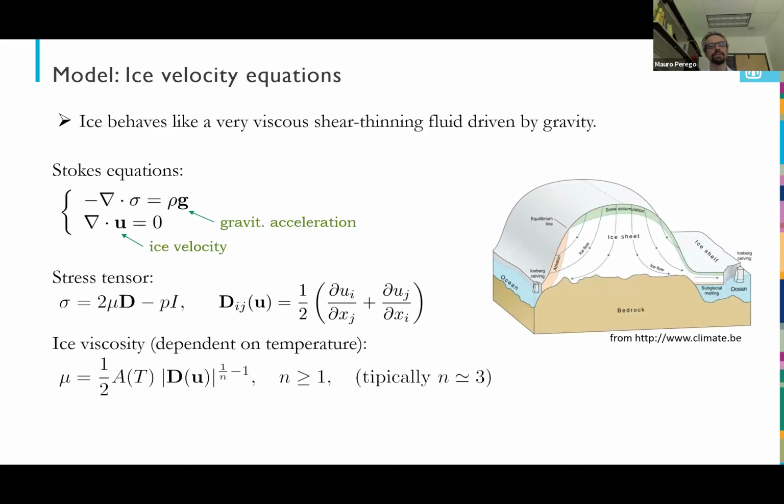The ice behaves, to a first approximation, like a very viscous shear-thinning fluid, which is driven by its own gravity. If you look at the cartoon on the right, you can see that you have some snow accumulation typically at the top of the glacier. The snow becomes compact, it becomes ice, and then it starts flowing downstream due to gravity.